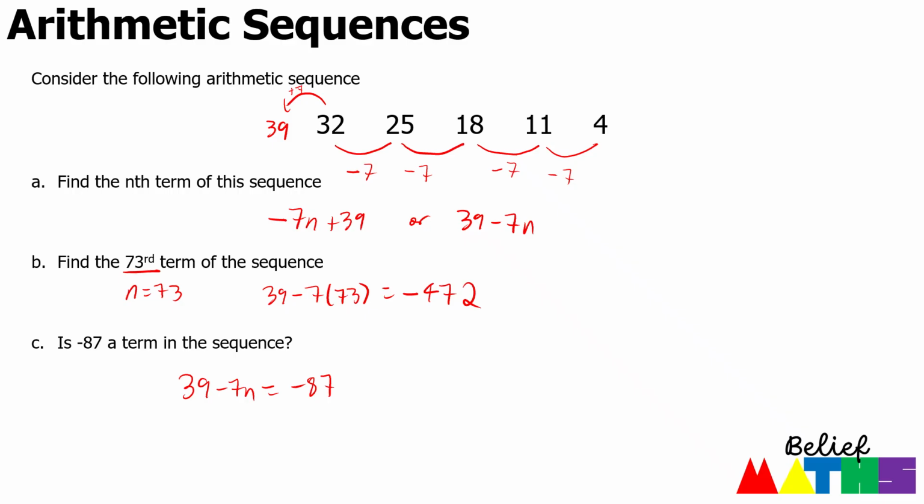That gives us minus 7n is equal to negative 126. And then we're dividing both sides, but we're not dividing by 7, we're dividing by negative 7. So negative 126 divided by negative 7 gives us an answer of positive 18. So that means the answer is yes, it is in the sequence, because that n is a positive whole number. If n is a positive whole number, it is in the sequence. If it's not a positive whole number, then it's not in the sequence.